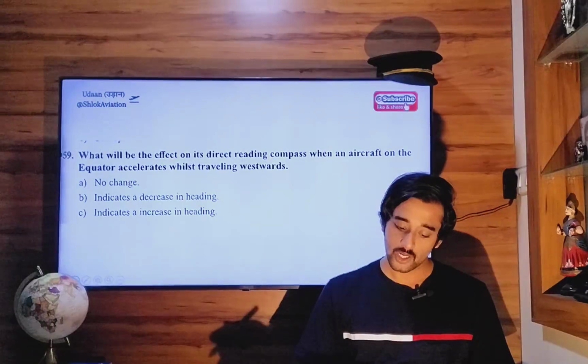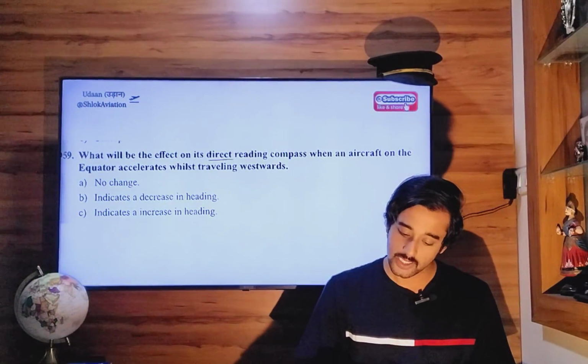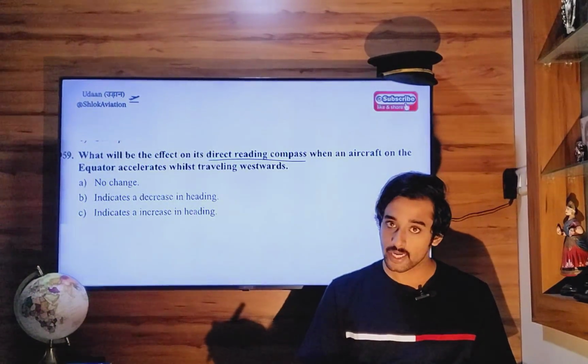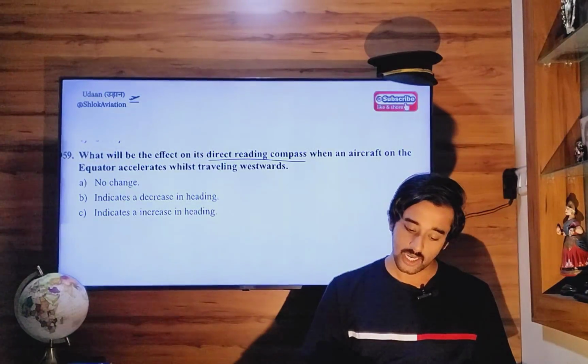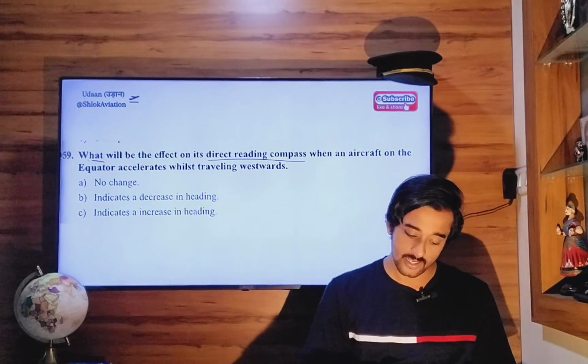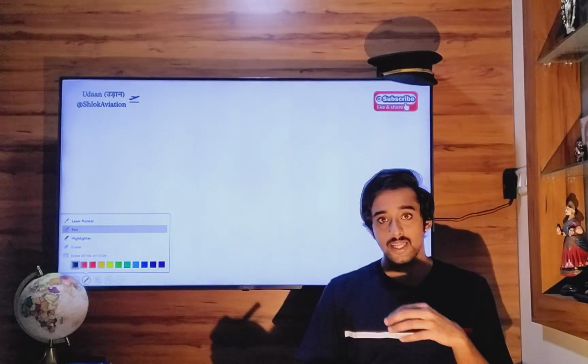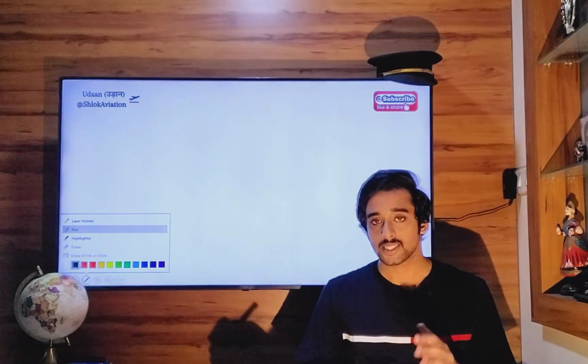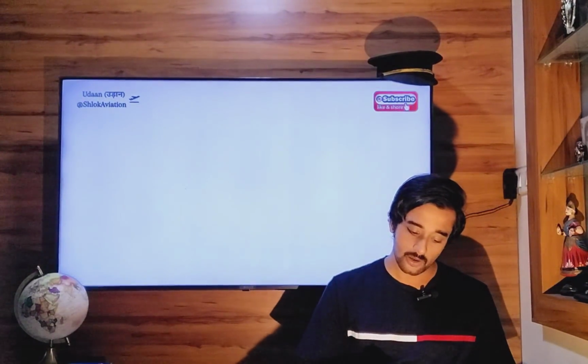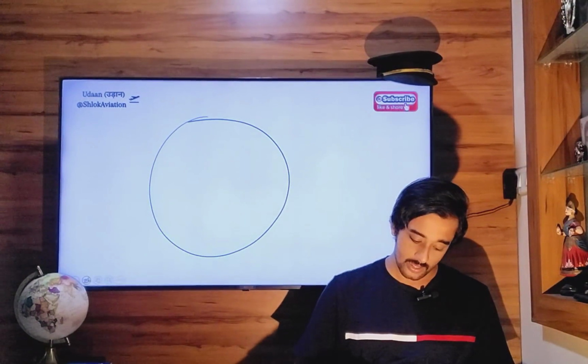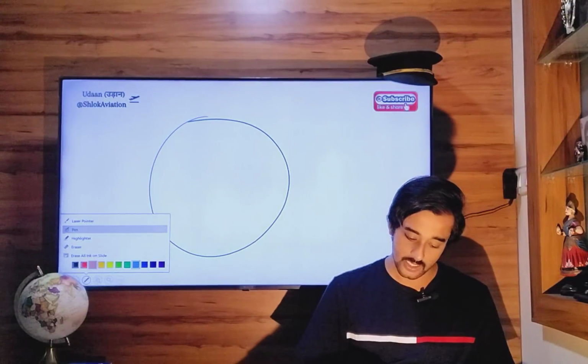So what will be the effect on direct reading compass when aircraft on equator accelerates while traveling westwards? Now your aircraft is on the equator. That means it's neither in the north hemisphere nor south hemisphere. Okay, so it's perfectly on the equator, right between the north and south hemispheres.